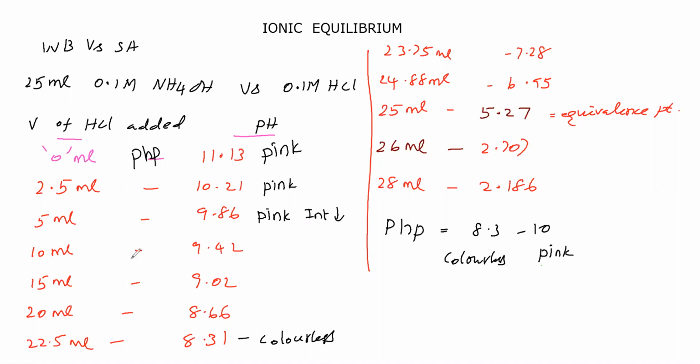But here the difference is 2.5 ml. So we cannot use phenolphthalein indicator for this titration, because it gives the color change away from the equivalence point.